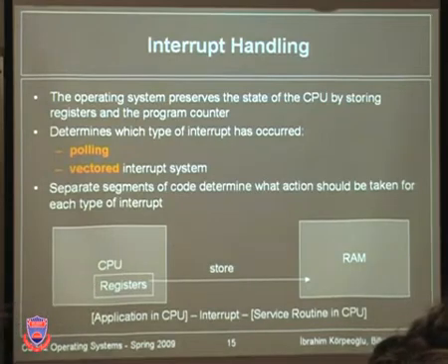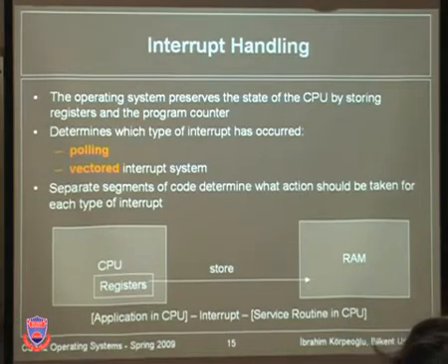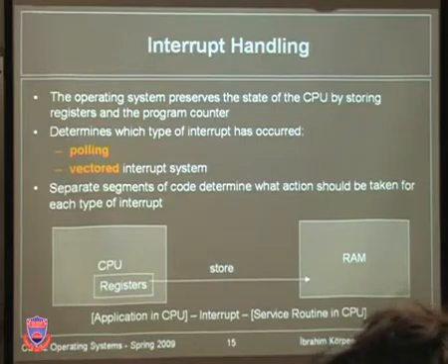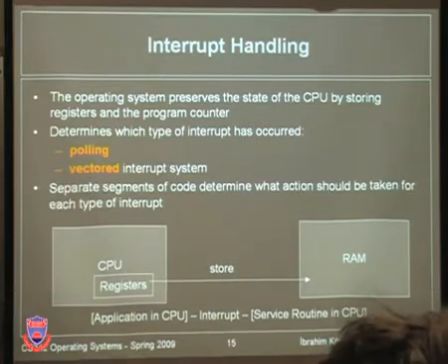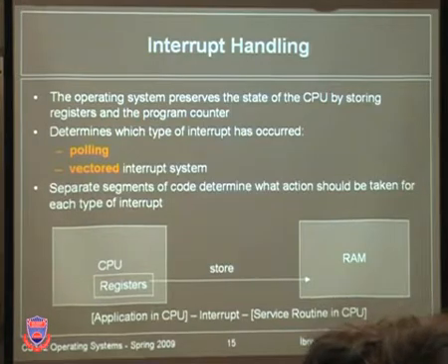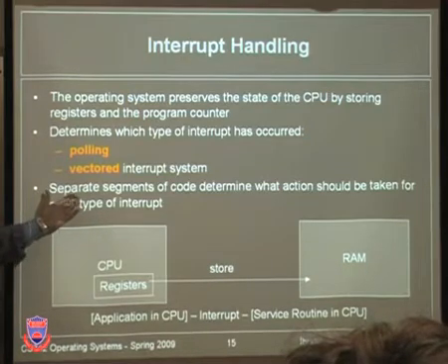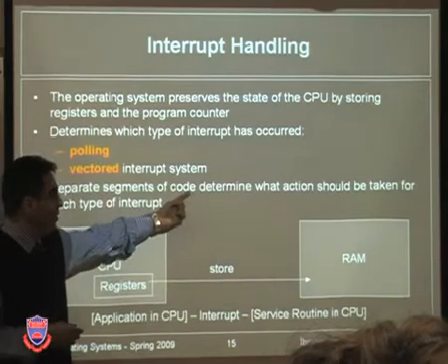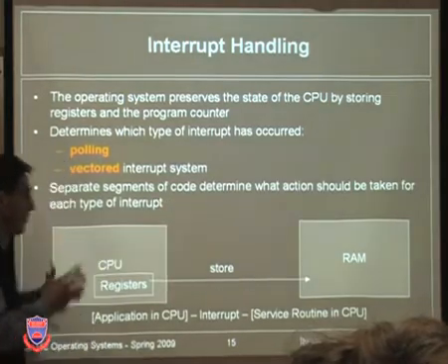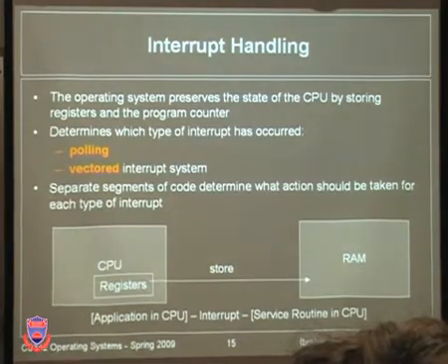Okay? So when an interrupt arrives at the CPU, the hardware should determine what type of interrupt it is. It will obtain the interrupt number, and then use that number as an index into an interrupt table, the interrupt vector, to find the address of the interrupt service routine to be run in the CPU. So we have several different functions, separate segments of code in the kernel, that determine what action should be taken whenever an interrupt happens.